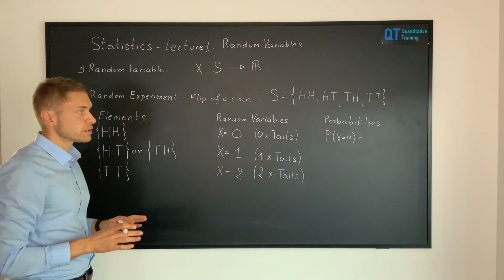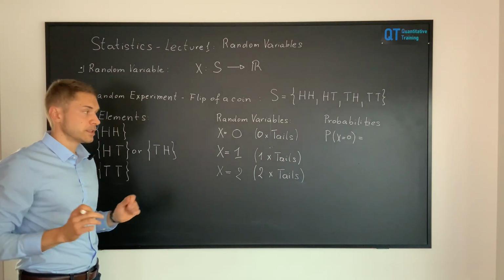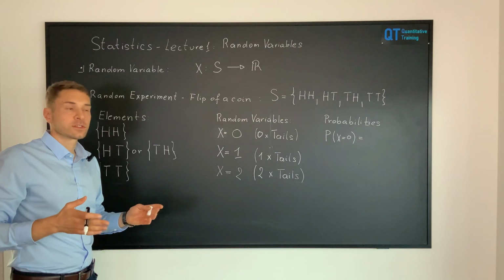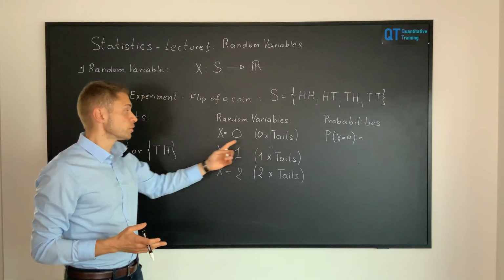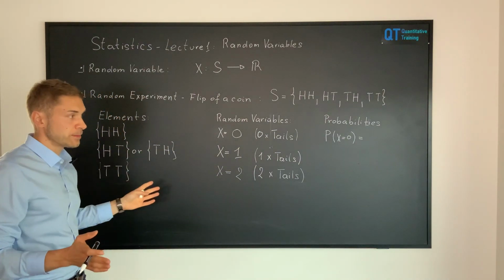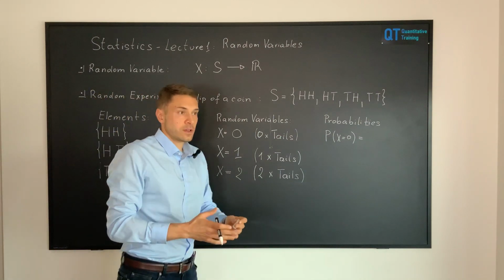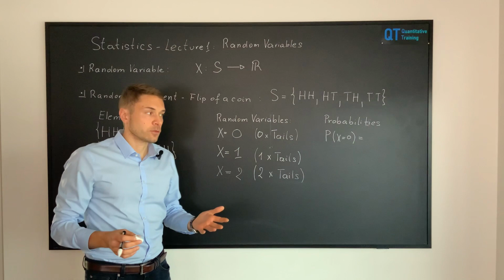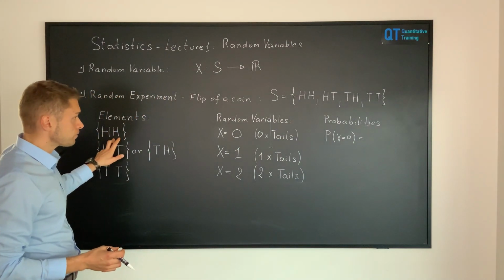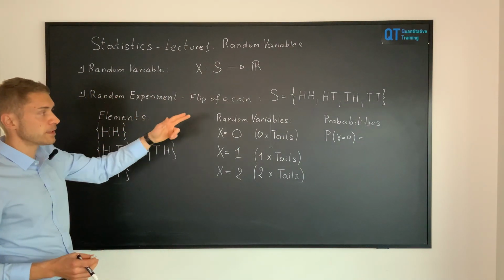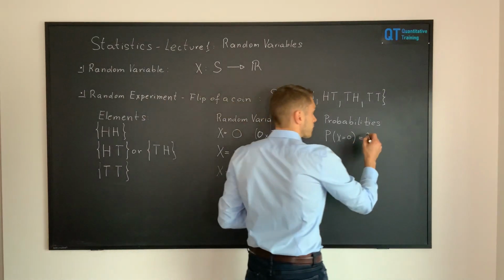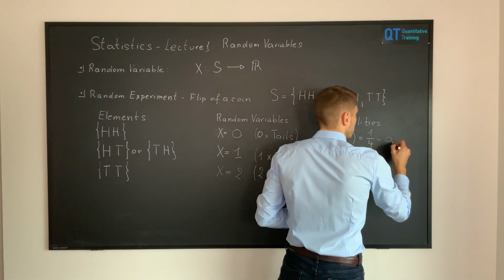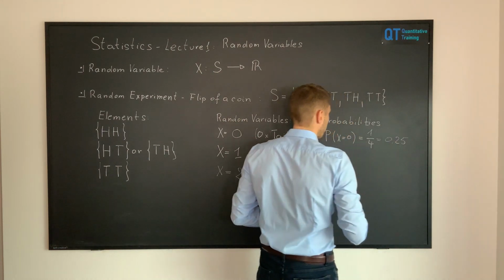And then we can also work out the corresponding probabilities. The probability of obtaining 0 times tails, or 2 times heads, which is the same thing, again boils down to a counting problem. We have 1 element and the sample space contains 4 different elements. So we divide 1 by 4, which gives us 0.25.